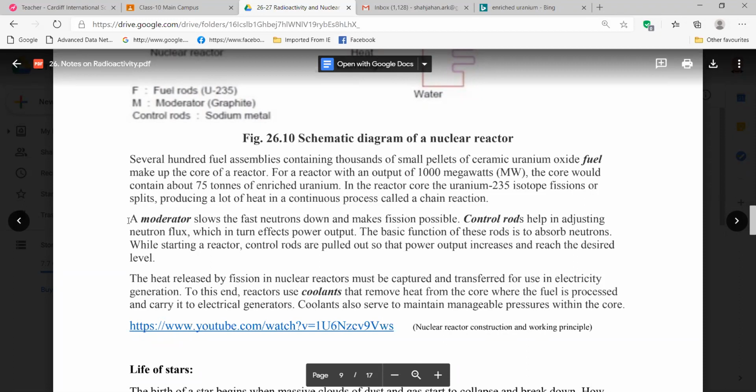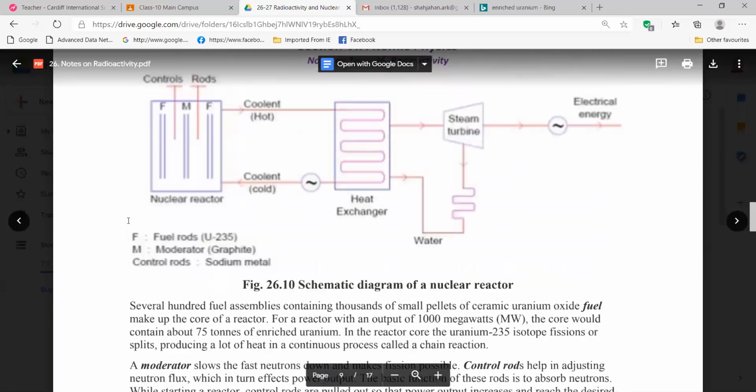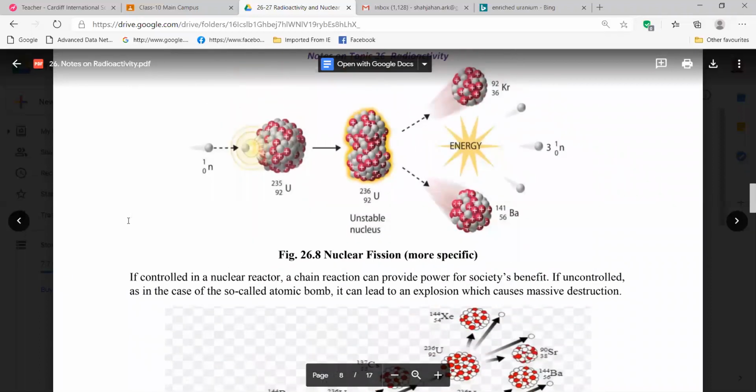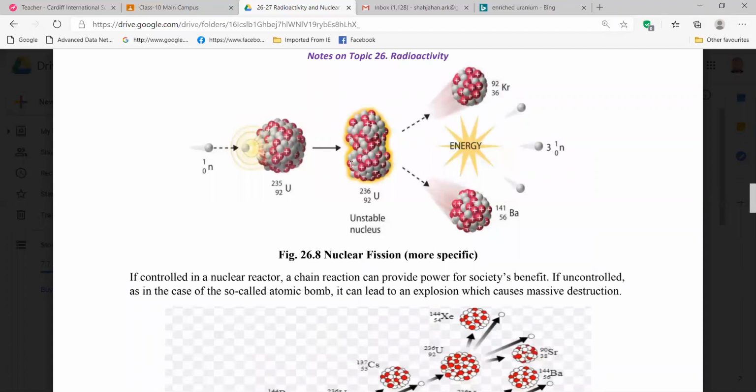And you see here, for the time being, we have this unstable nucleus. That means the neutron has to stay inside the nucleus for a little bit of time, so that the breakdown process can work properly.